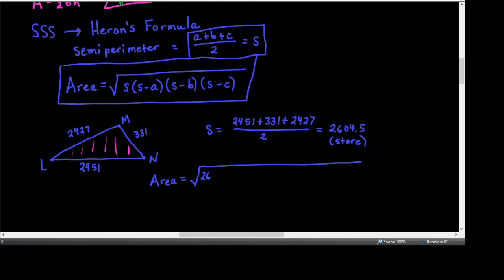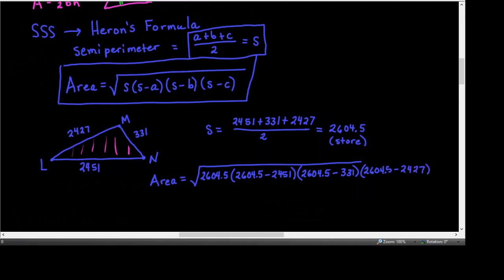All right. So the numbers that I'll put in here, because I've got to record what it is I'm doing, will be the square root of S times S minus, just pick one of them, doesn't matter which one you do first, because you're going to end up doing all three, times S minus another one, times S minus the last one.